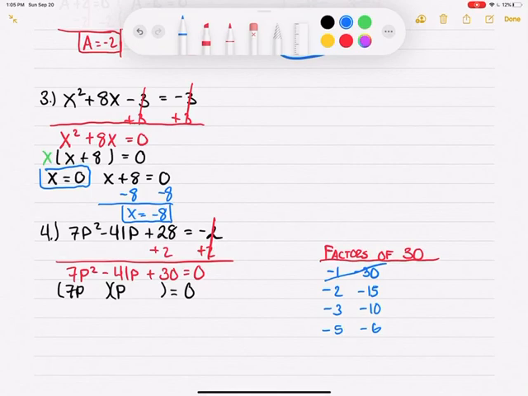If I take 15 times 7, that's going to be too large of a number. 7 times 15? 105. If I put it in the middle, I'd have negative 15 minus 14. That's not going to work either.